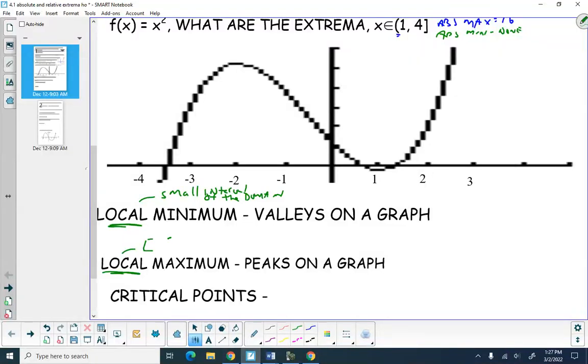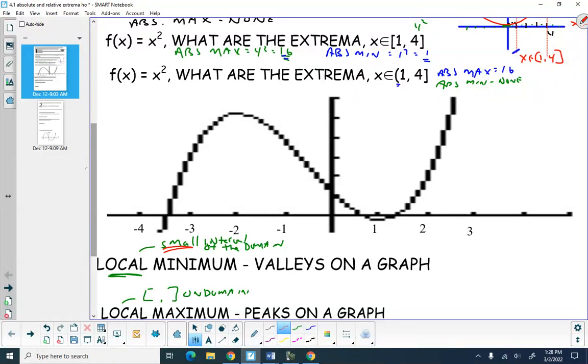So we're going to take a look at just an interval on the domain. And this will give us what are called local maximums and local minimums, which are our peaks and our valleys. And this small interval is pretty much determined by you. Well, how small do I want to make this interval?